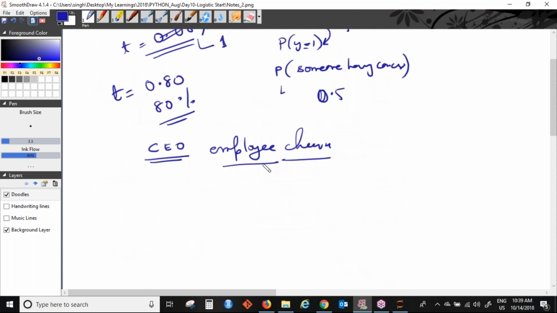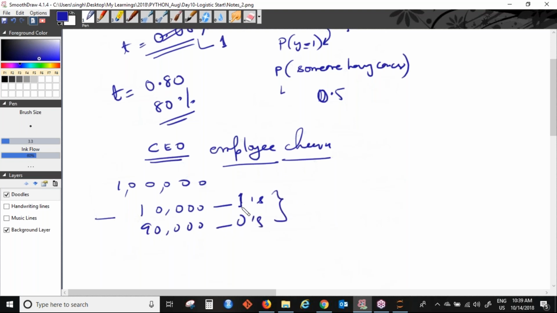And let's say you have 1 lakh employees, and out of that you got ones for 10,000 and zeros for 90,000. This is what your model is predicting.